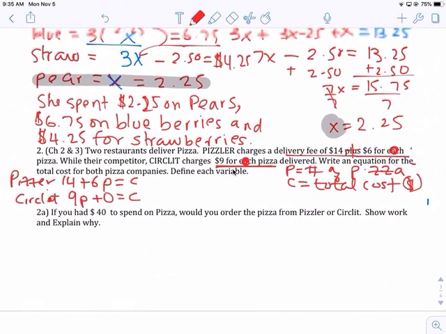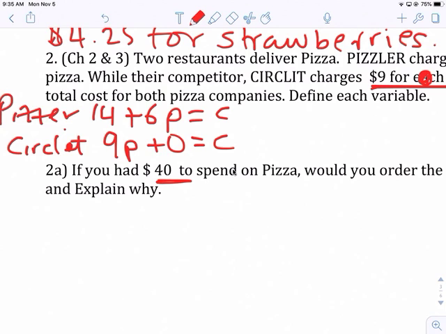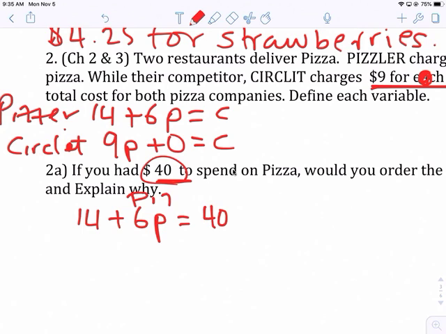If you had $40 to spend, who would you order from? Would you order the pizza from Pizzler or Circlet? Show your work and explain why. Okay, let's see: 14 plus 6p equals 40, if you have $40 to spend. This is for Pizzler.